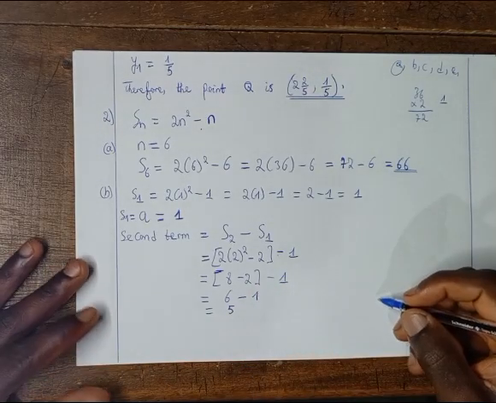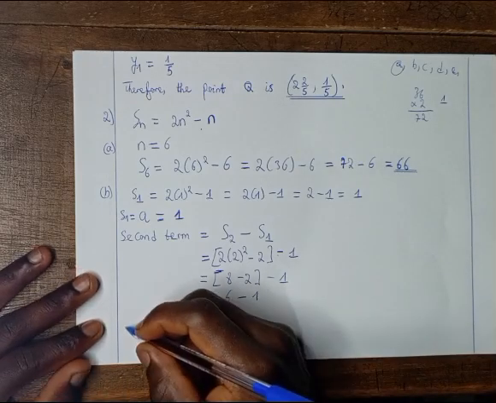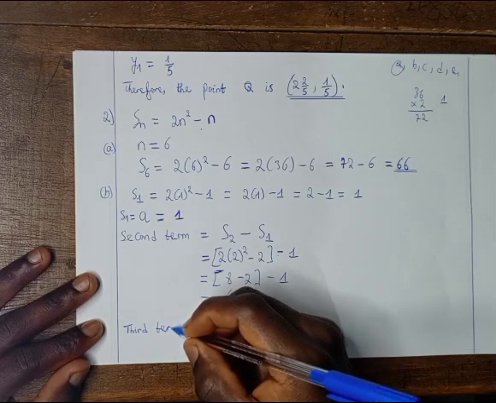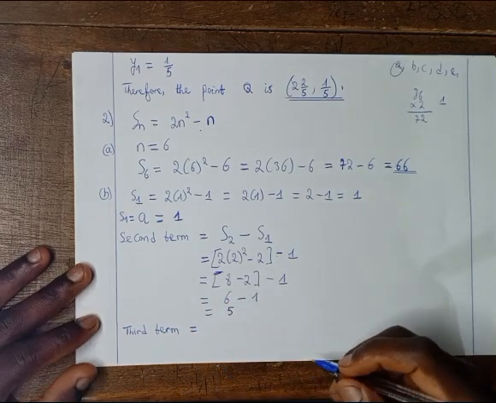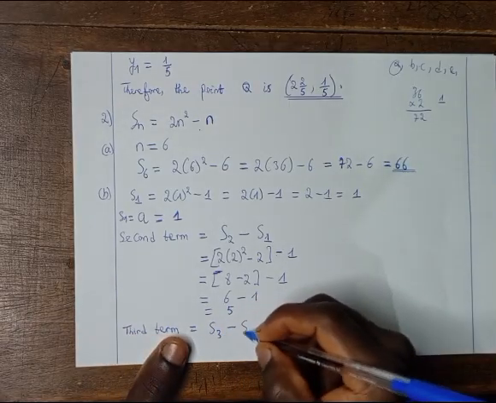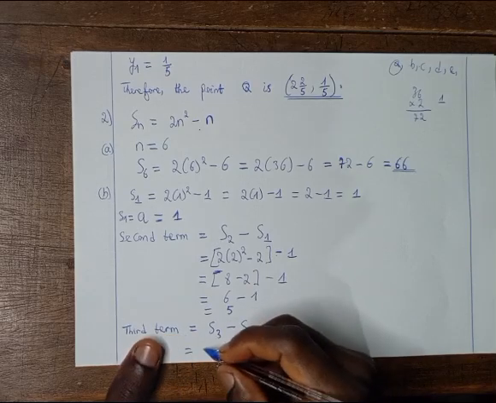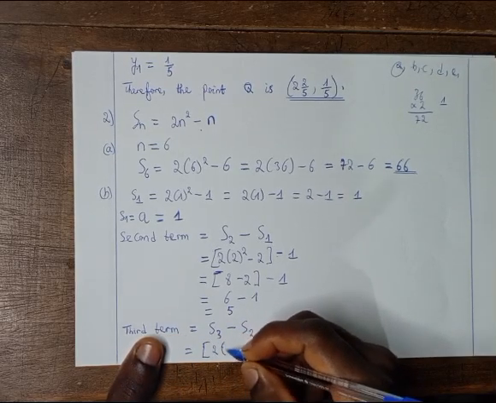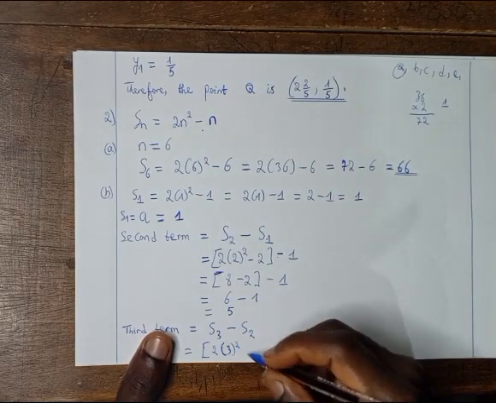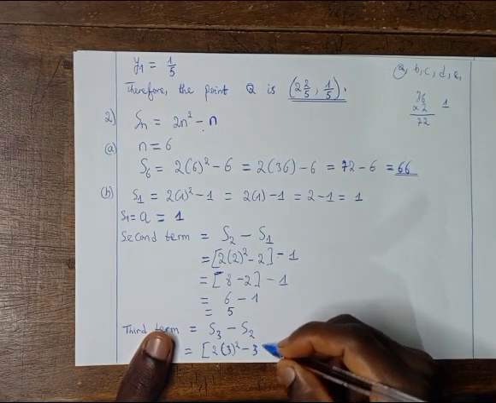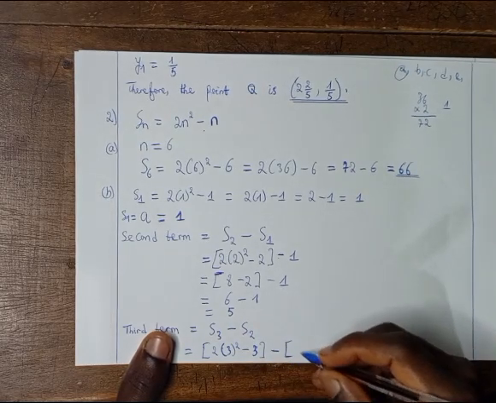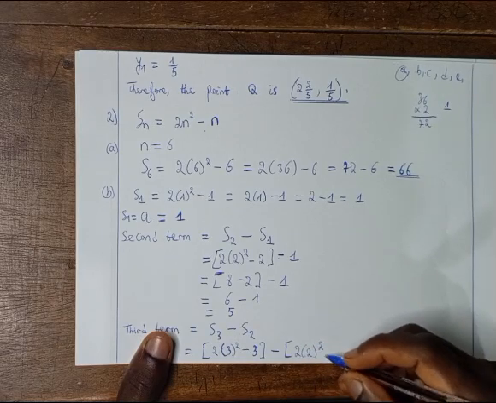Next, we need to get the third term. The third term will simply be equal to the sum of the first 3 terms minus S2. This will be equal to 2 times 3 squared minus 3, then minus S2. We replace n with 2: 2 times 2 squared minus 2.